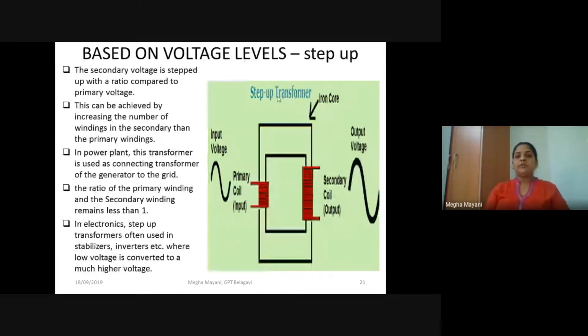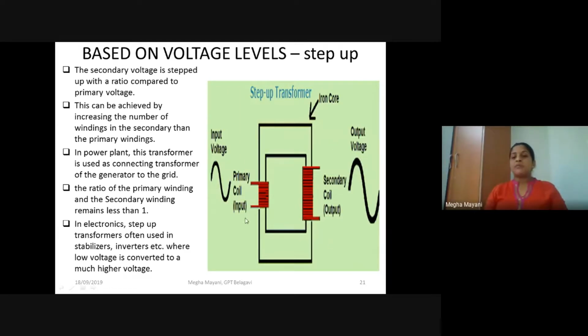Now coming to step up transformer. So the name itself indicates that there is a boost of signal voltage at the secondary. So we can observe here in the figure the input voltage and the output voltage. The signal has been increased at the output side or the secondary winding side compared to the primary coil input.